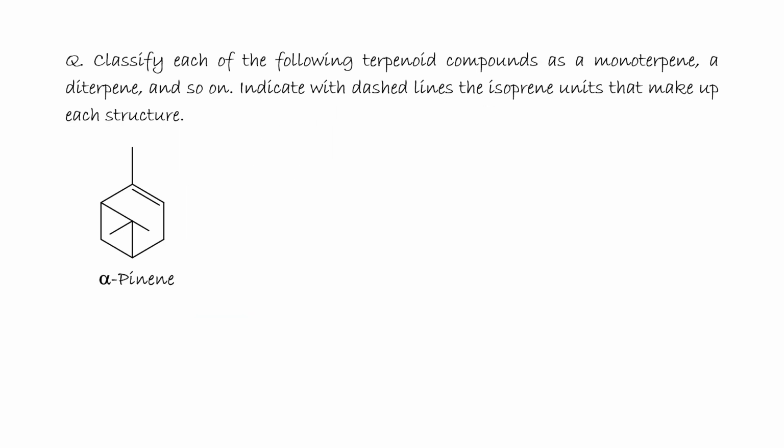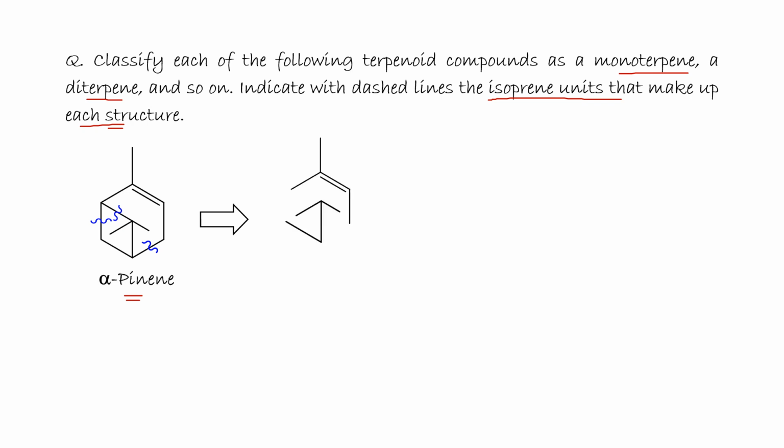Classify each of the following terpenoid compounds as monoterpenes, diterpenes, and so on. Indicate with dashed lines the isoprene units that make up each structure. Alpha-pinene, well, alpha-pinene is two isoprene units.